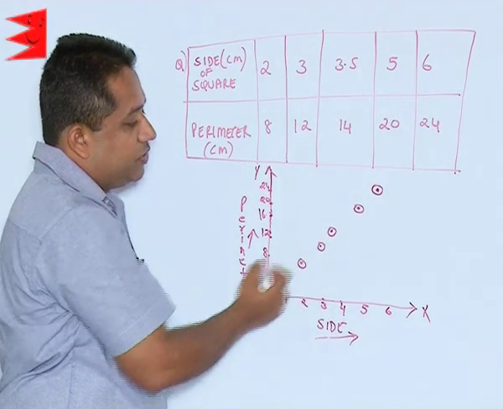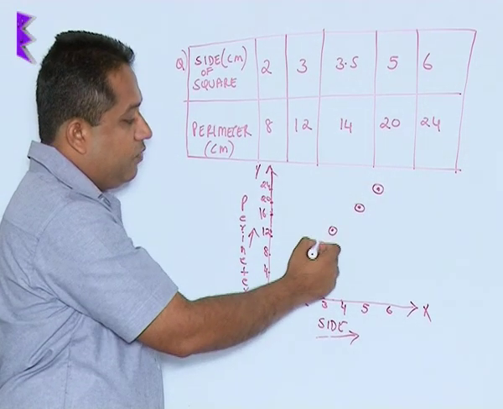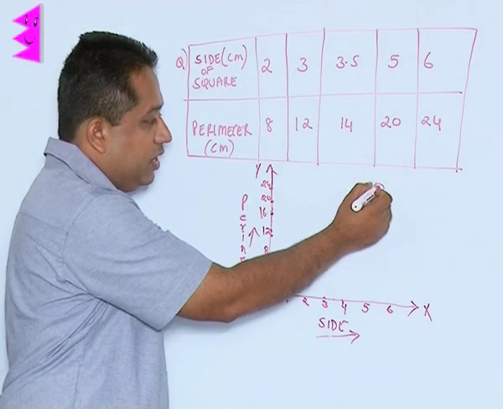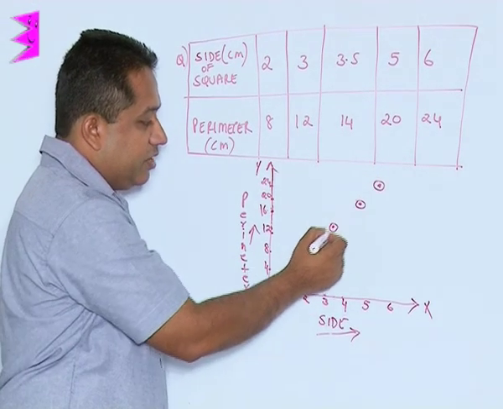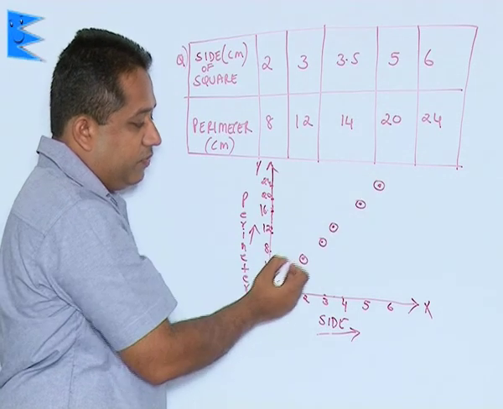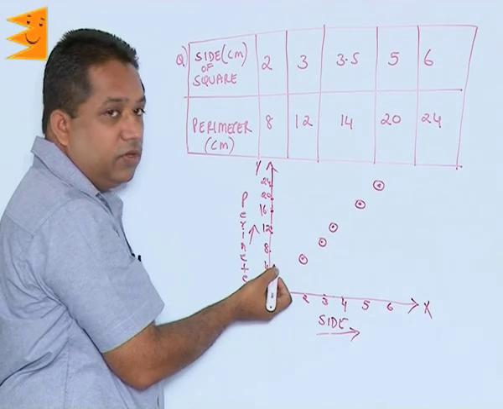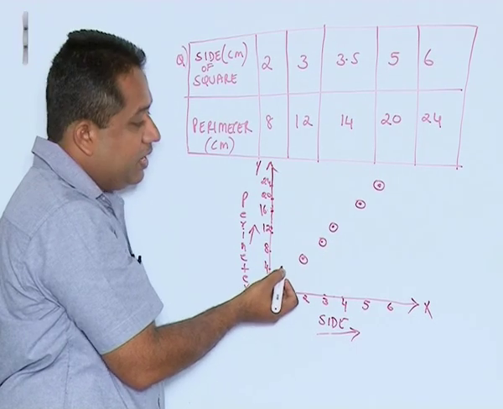So, now what do we observe? We have 1, 2, 3, 4, 5 points as given in the question, and now you have to join these. If it is straight, you can join them, it is a linear graph. If it is curved, then it will not be joined with the scale, you have to draw it with the free hand.